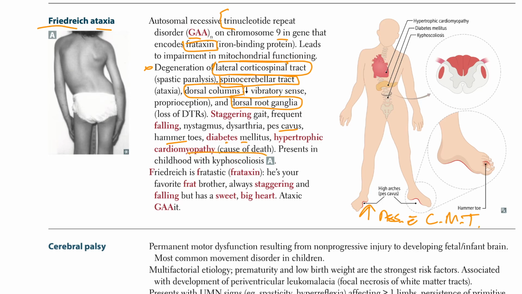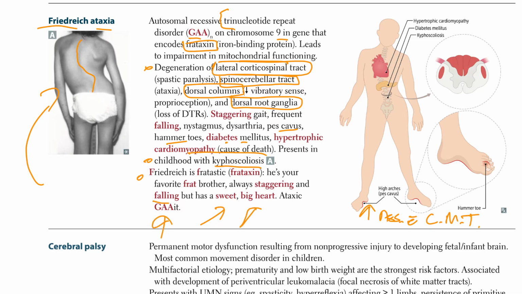High yield: it presents in childhood with kyphoscoliosis, as seen in picture A. Friedreich is ferratastic, which is frataxin. He is your favorite frat brother, always staggering and falling, but has a sweet, big heart, with an ataxic gait.